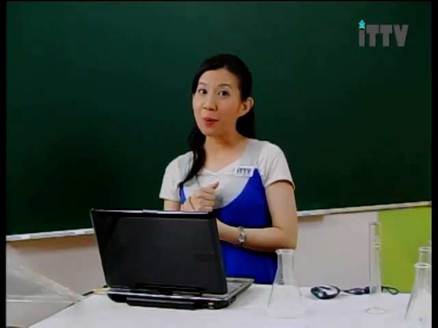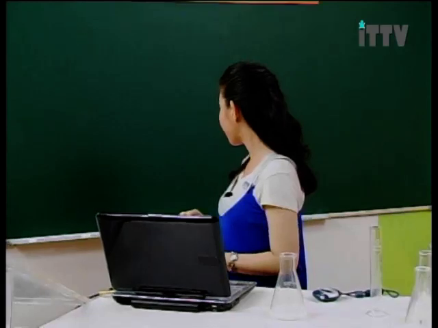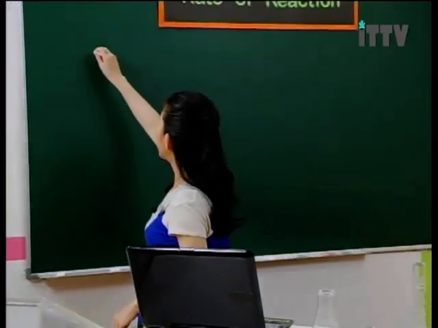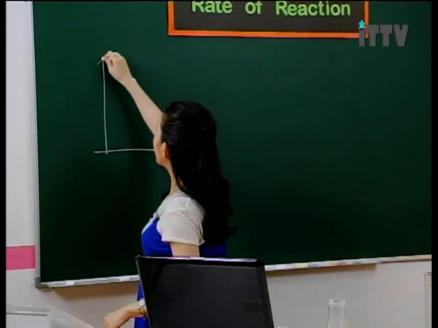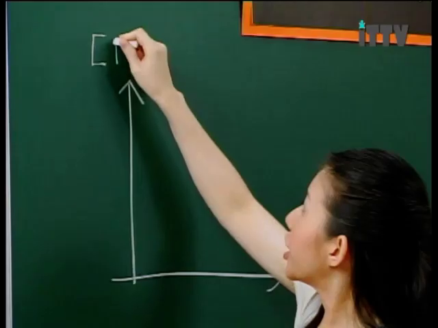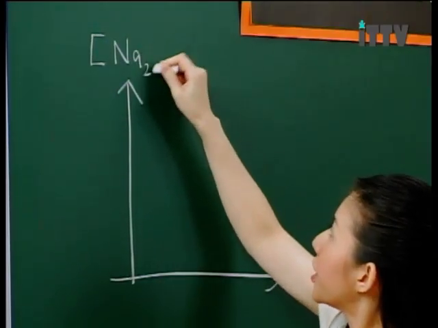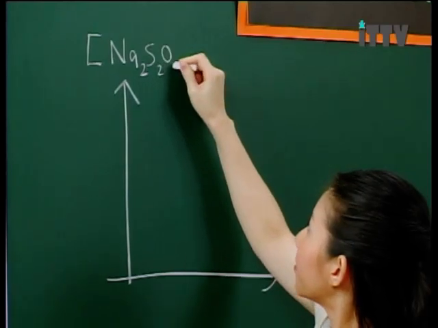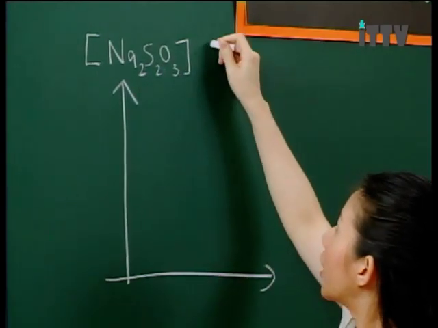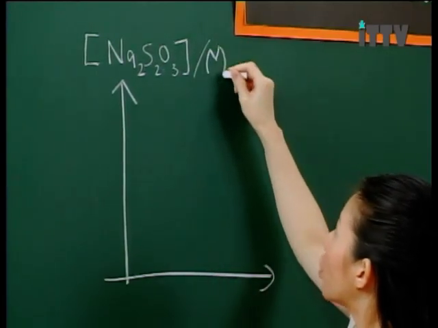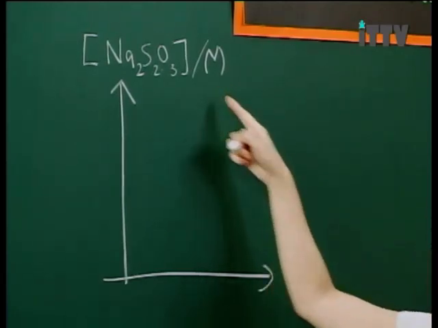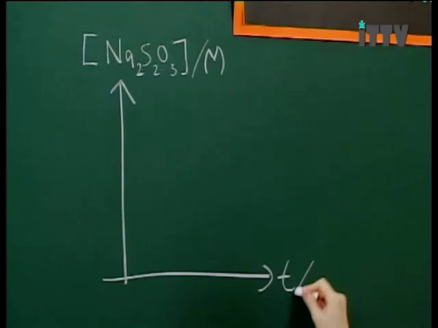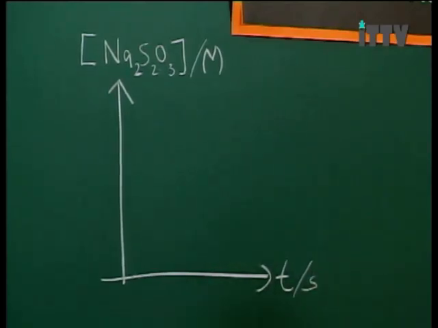So let's jump to the board to have a look. The first graph shows the concentration of sodium thiosulfate. The concentration will be in molar, which represents mole per decimeter cube, against time in seconds.